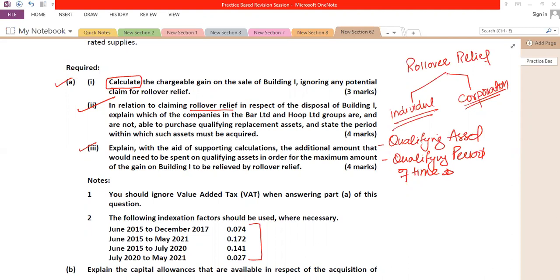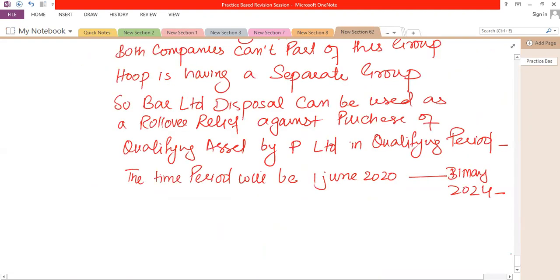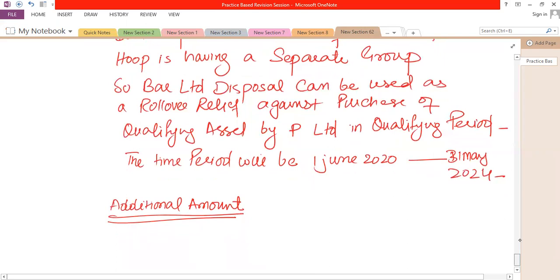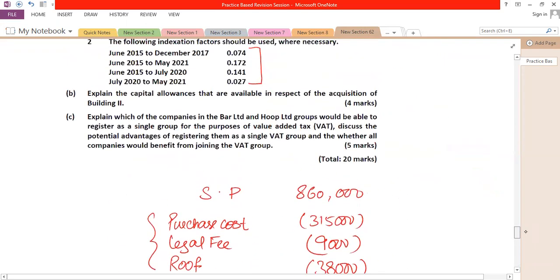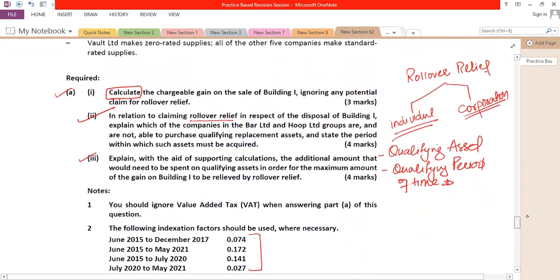So it has been written that we have to identify the additional amount. So the next part of the question is to identify the additional amount on the asset purchase. My proceed is 8,60,000, number one.